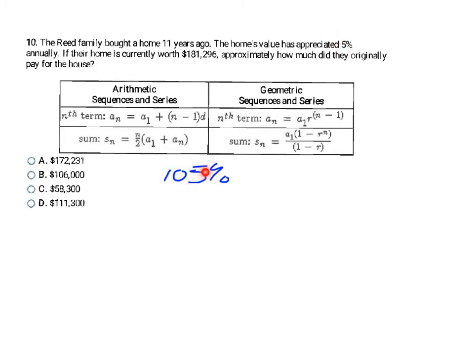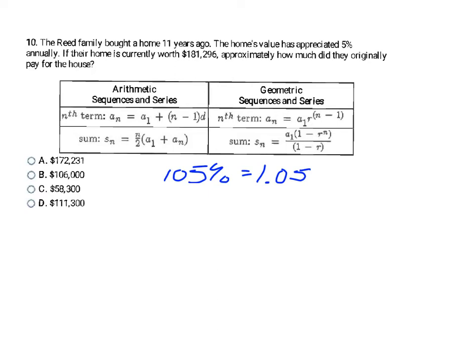So that's why we're dealing with the 105%. So that's going to be my ratio because I multiply every new value every year by 105%, which as a decimal is 1.05. So that's going to be my ratio.